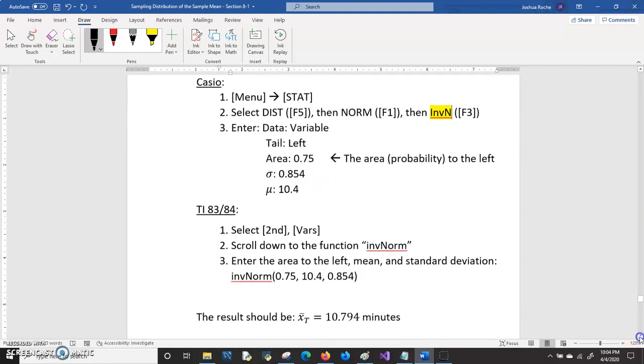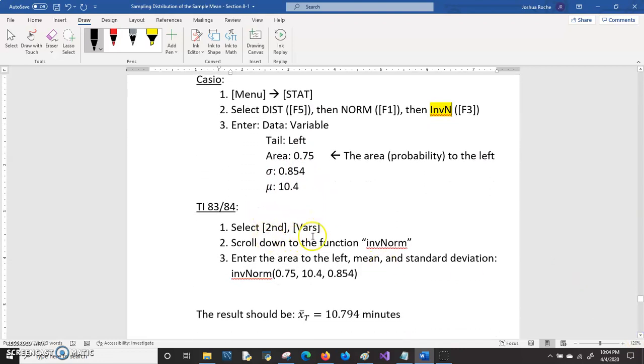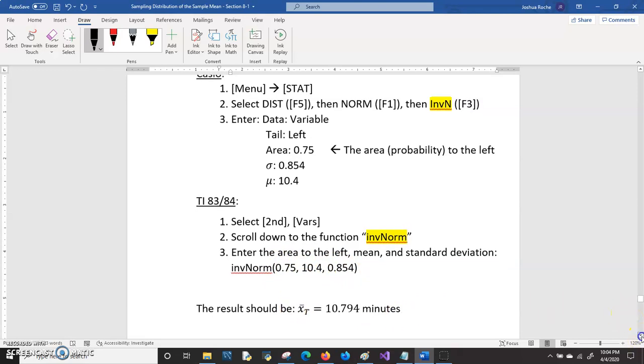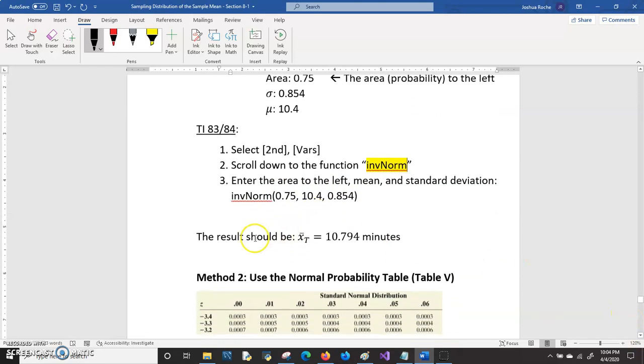On the TI calculator, take these steps, get to the function inverse norm, and you put in the area to the left, the mean, and the standard deviation. And either way, you should end up with this result for your sample mean, 10.794 minutes.